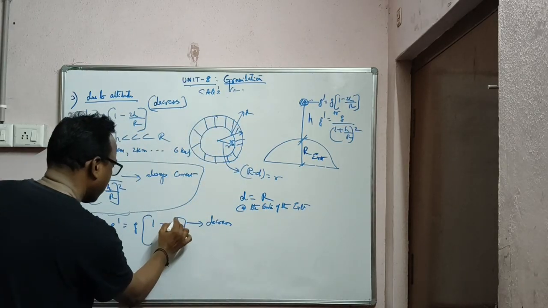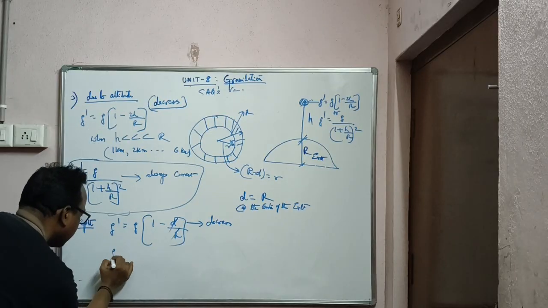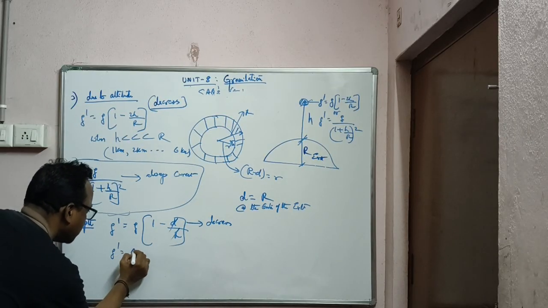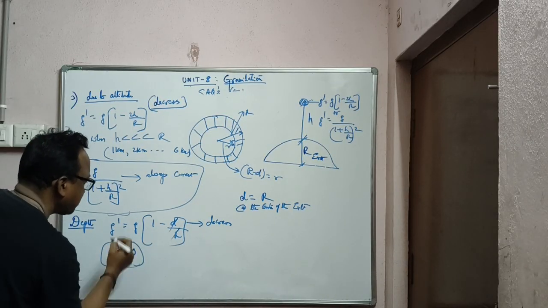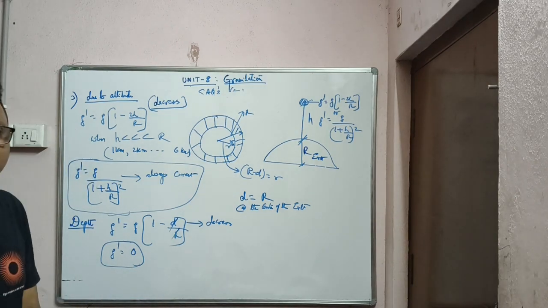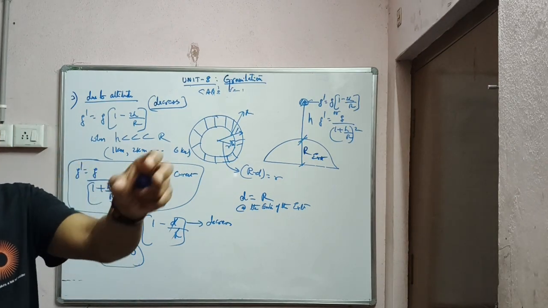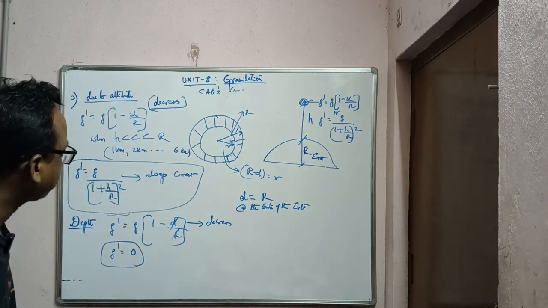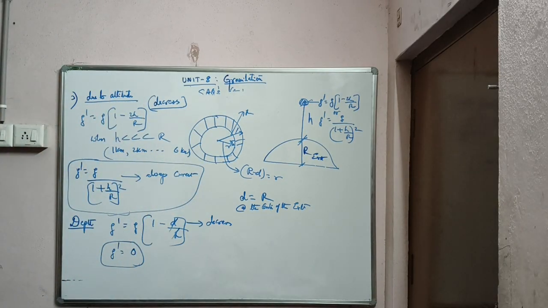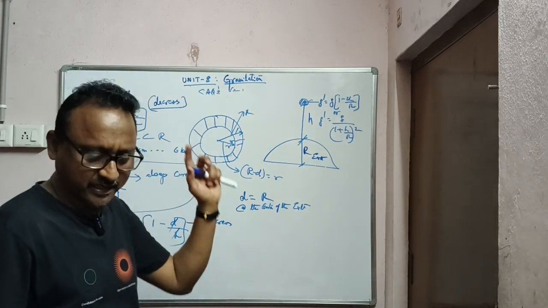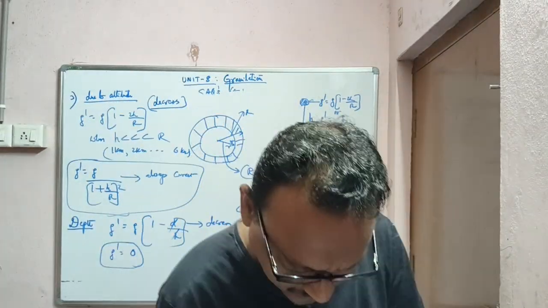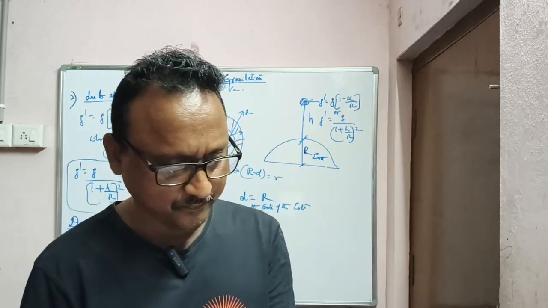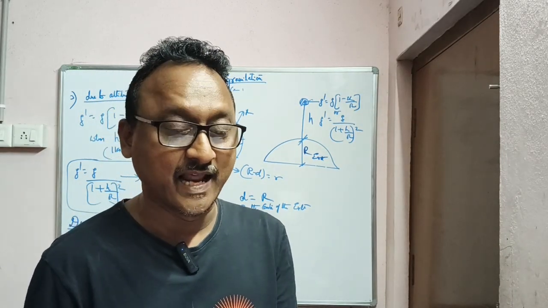If you put d equal to r, g dash is equal to 0, since 1 minus 1. So there is no acceleration due to gravity. At the center of the earth, if you put any body, it will be floating in the air. That is the condition. Note it down. So here also decrease, there also decrease; depending upon the requirement you have to apply the formula. Derivation was not asked, only to explain how.